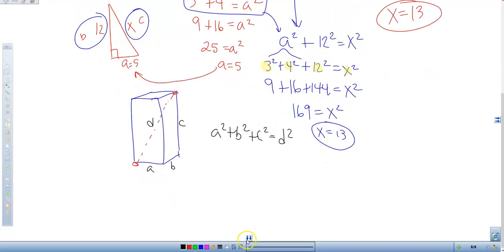I call this, my friends, the super Pythagorean theorem. You could totally do it the way I did it originally and do the Pythagorean theorem twice. However, you'll notice this is substantially faster. If you memorize that, it'll make your life a little bit easier.